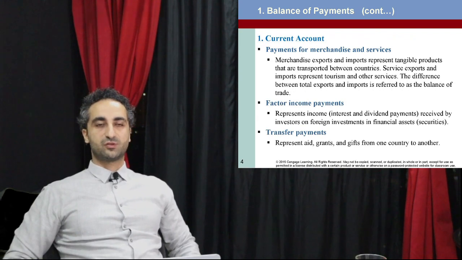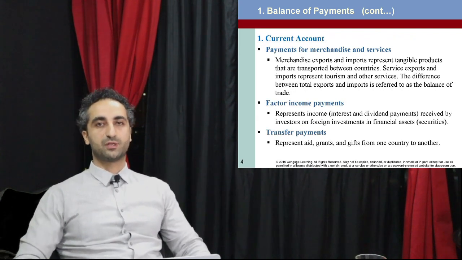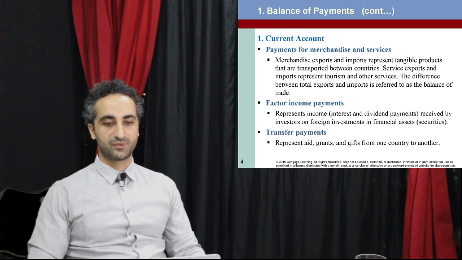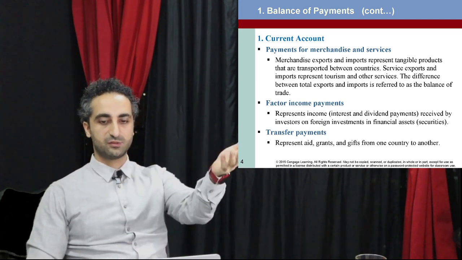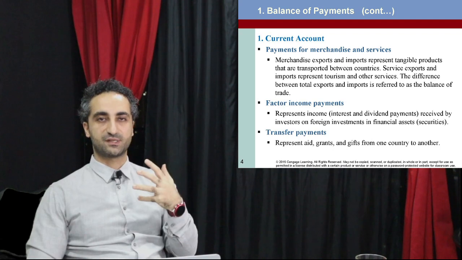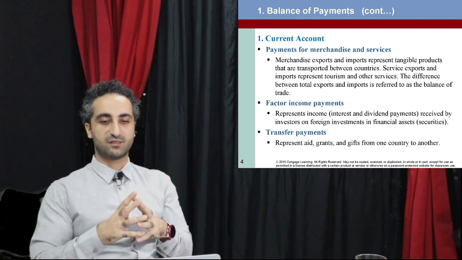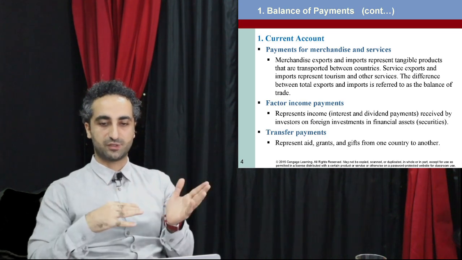So let's focus on current account. Number one, what's the first item? Payment for merchandise and services. So merchandise exports and imports represent tangible, not intangible, tangible products that are transported between countries.